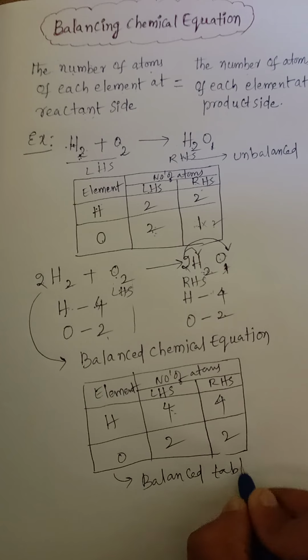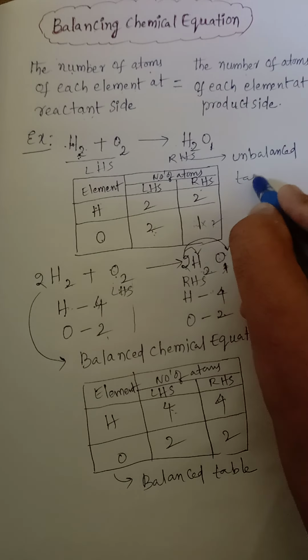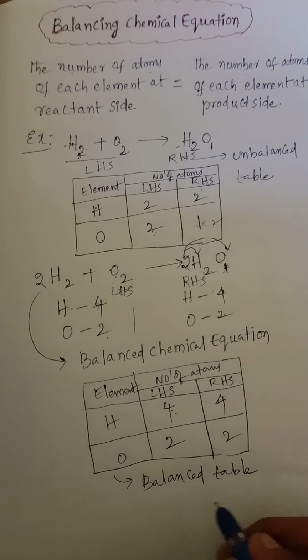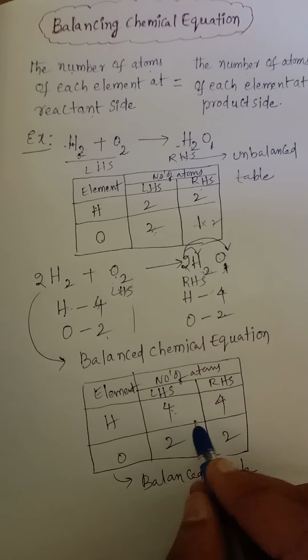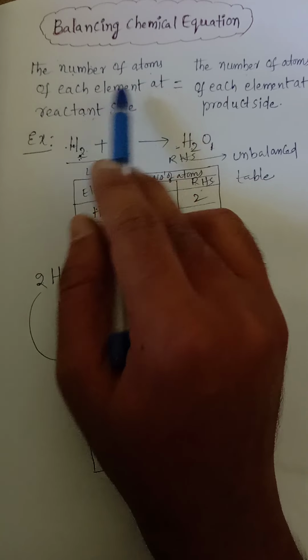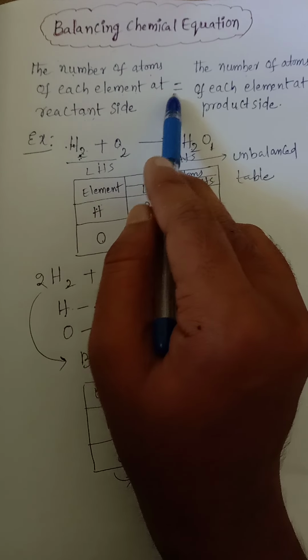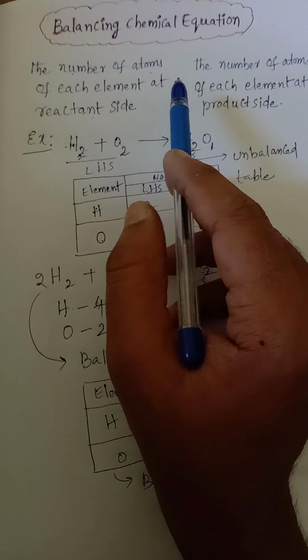This is the balanced table, and this is the unbalanced table. The unbalanced table gives the unbalanced chemical equation, and the balanced table gives the balanced chemical equation. So what is unbalanced? If the number of atoms of each element at the reactant side is not equal to the number of atoms of each element at the product side, that equation becomes unbalanced.